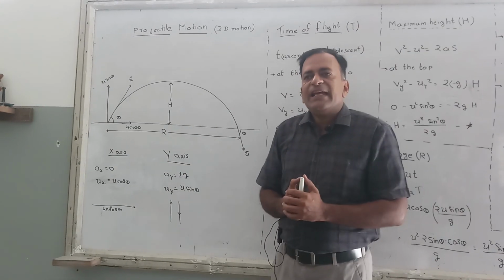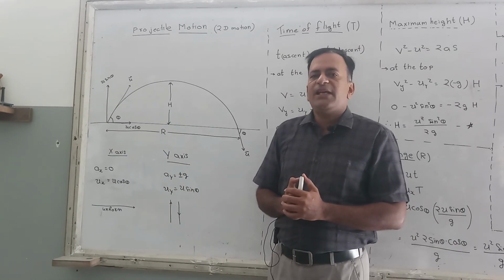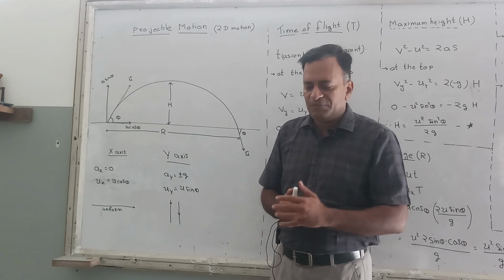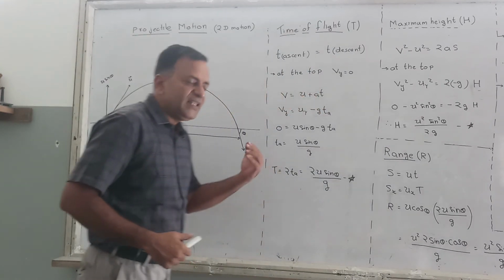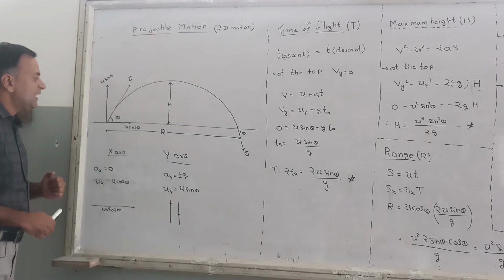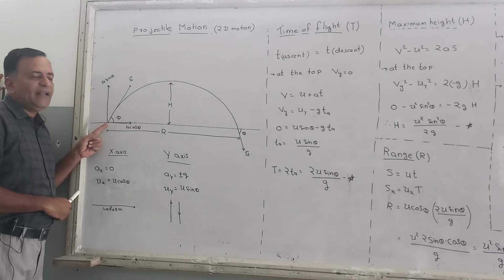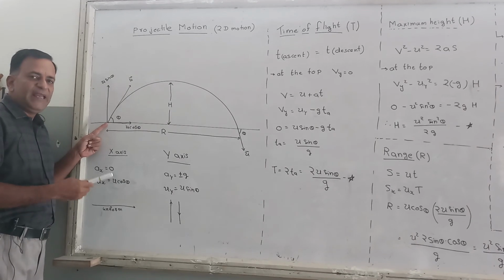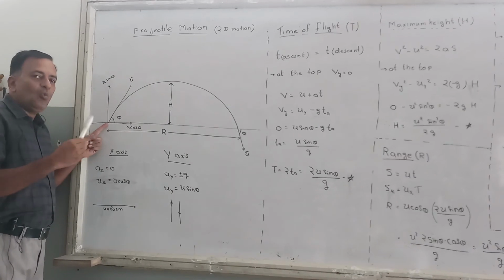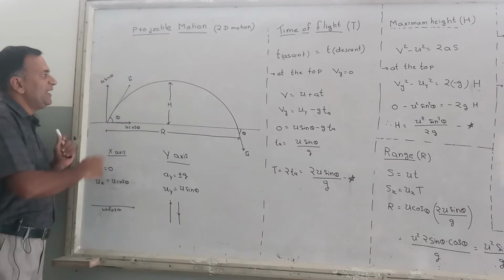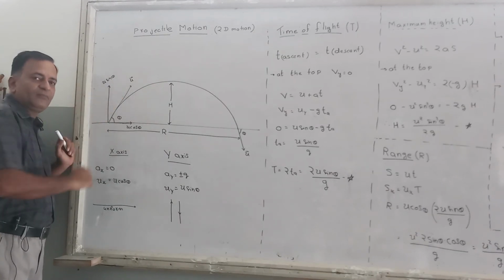This projectile is fired obliquely from the ground. Now, how does this projectile motion look like? From this point, you are firing the projectile, you are giving some initial speed to the projectile. What is that initial speed? That initial speed is u.